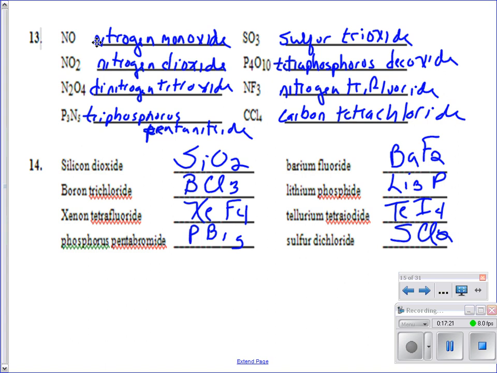But if metals have positive charges, nonmetals have negative. You can't have 2 negatives together, so when there's 2 nonmetals together, there are no charges. They do have an oxidation state, and we'll cover that later. But when you see those prefixes, you don't have to worry about it. Okay? Are we set?